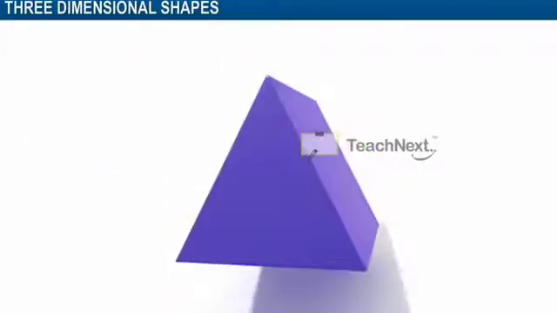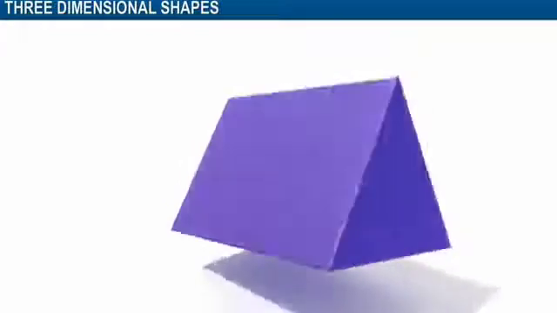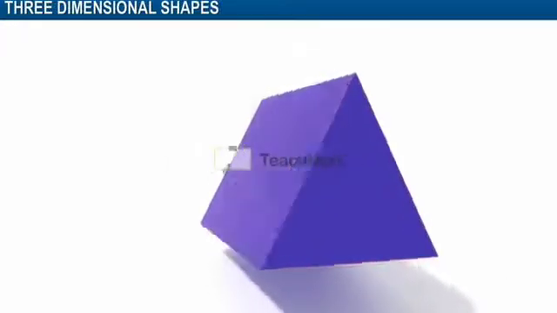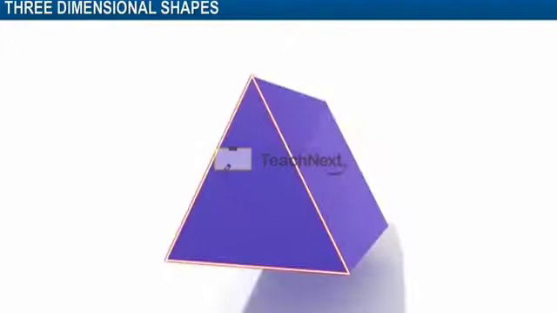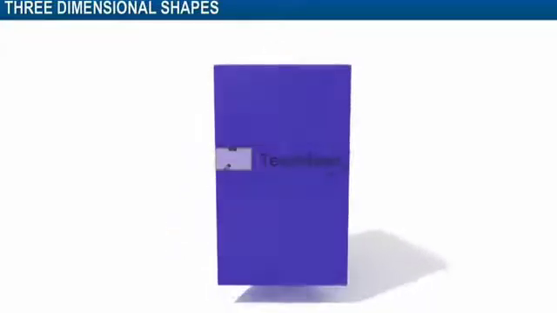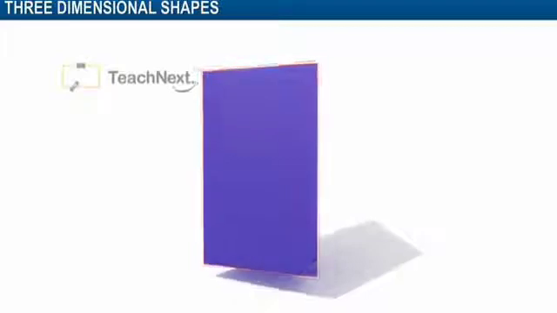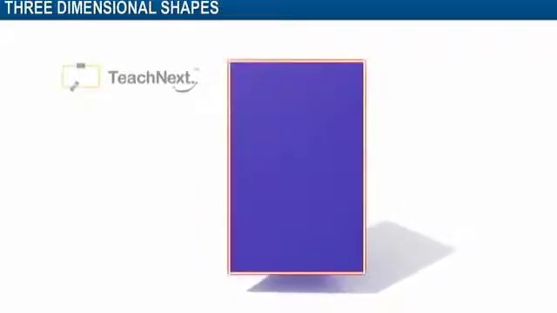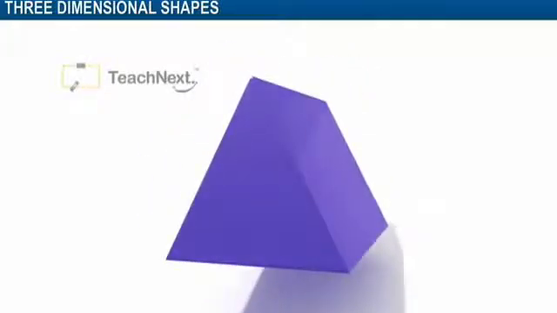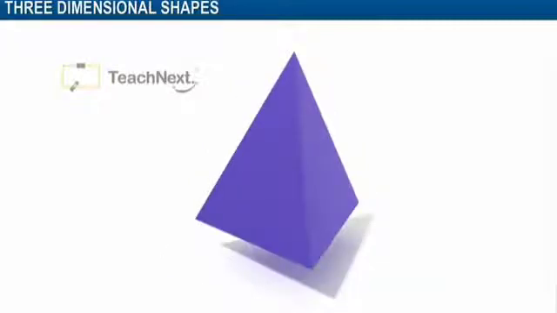In general, a prism will have 2 bases. Here, for this prism, the bases are triangles. The other faces are rectangular in shape. On the other hand, a pyramid has only one base.